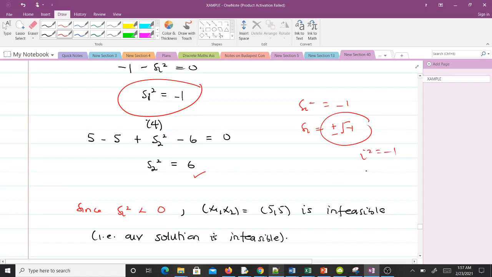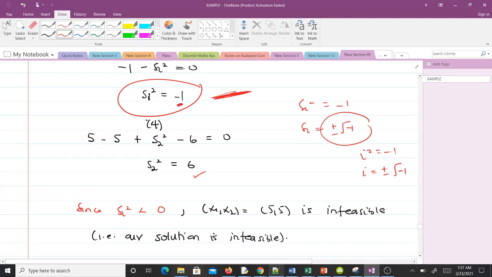So that means i will be equal to plus or minus root of negative 1. What this means is that there is a violation here, because we're supposed to have a positive number here.